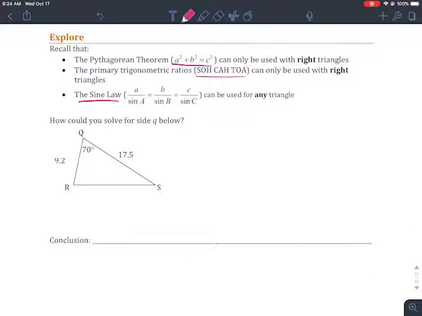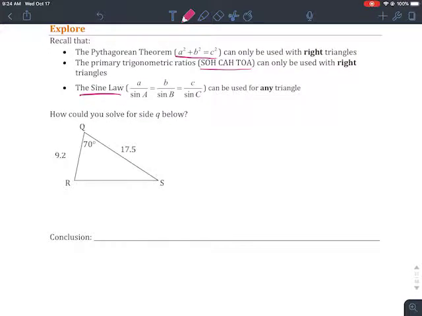So if I look at this triangle down below, no right angle, so automatically I cannot use the Pythagorean theorem or sine, cosine, or tangent ratios. Now if I try and use the sine law, I can try and set it up. So I have the sine of 70 degrees, and I want to find side Q, that's opposite to my angle.